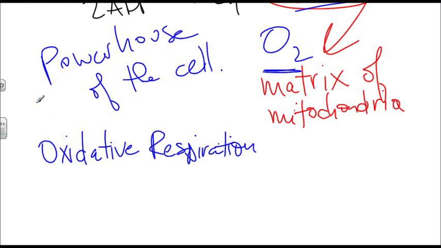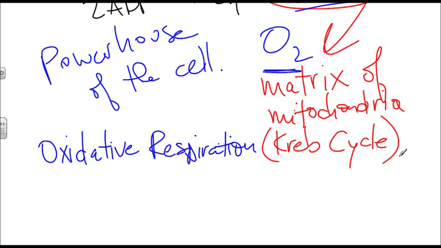Another way in which books refer to oxidative respiration is as the Krebs cycle, in honor of Hans Krebs, a biochemist who discovered this reaction. This oxidative cellular respiration will produce the greatest amount of ATP.